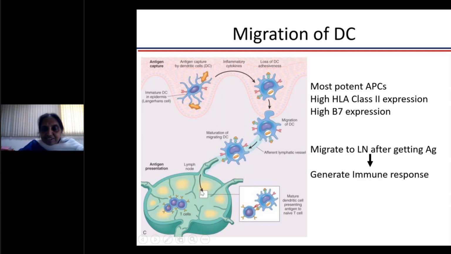And then it reaches the lymph node. We saw yesterday that the lymph node has afferent lymphatics. Through these afferent lymphatics, these professional antigen presenting cells bring the bacteria to the medullary area of the lymph node. And this is where it will meet the T cell.